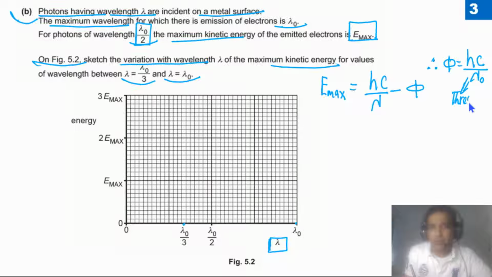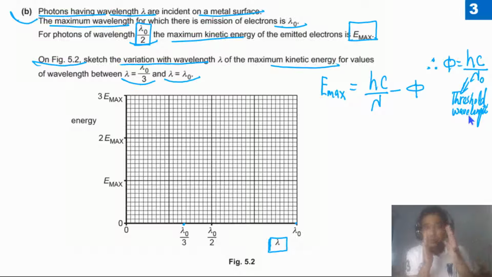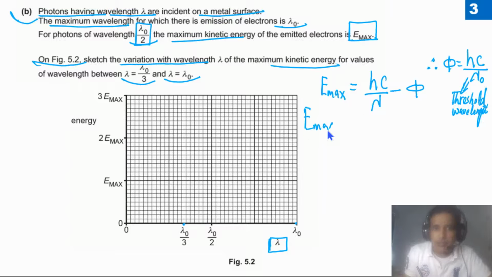This is the maximum value of wavelength. If we increase the wavelength more than that, there will be no emission of electrons, so we call this the threshold wavelength.